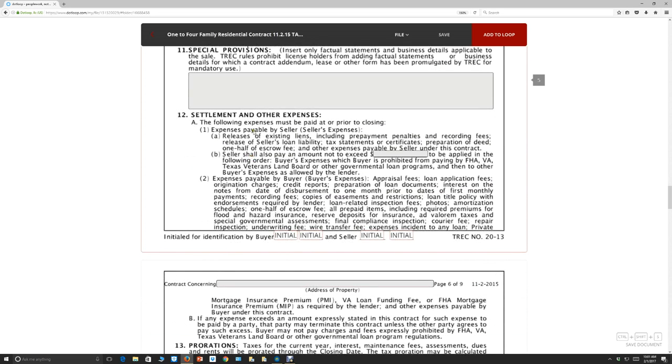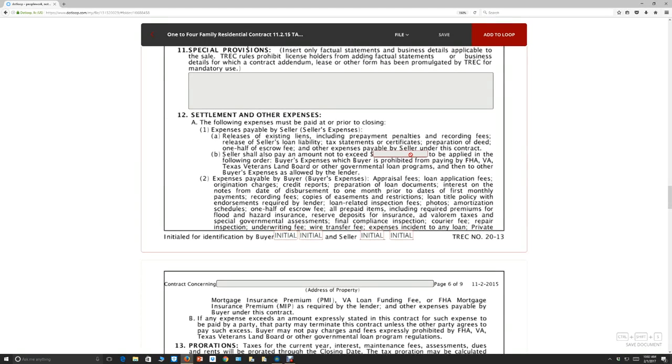All right. Settlement and other expenses. Here we go. This is the blank right here. You can see my red pointer. Seller shall also pay an amount not to exceed blank. So I want to be sure you understand how this is used. You should get this number from the lender every time. Because if the seller agrees to give $4,000 to the buyer, and then these fees that are allowable only add up to $3,000, the buyer does not get the benefit of that extra $1,000.